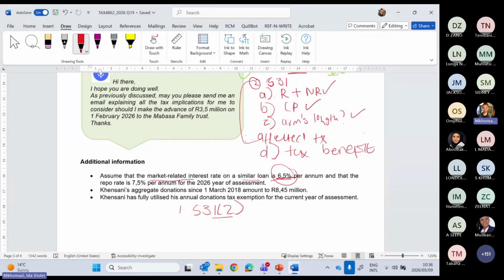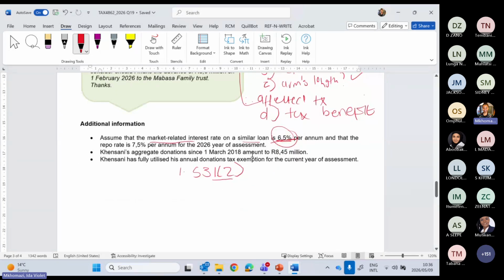The primary transfer pricing adjustment is the difference between what he had actually included and what he was supposed to include, so that he gets taxed as if this was an arm's length transaction. So it will be the difference between the market-related interest and the actual interest, and that's what he needs to include in his gross income.